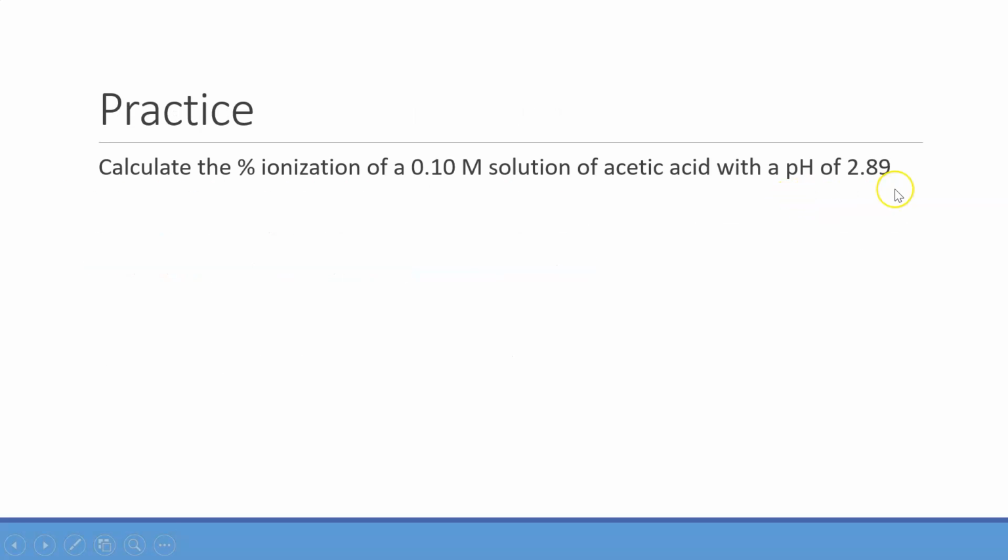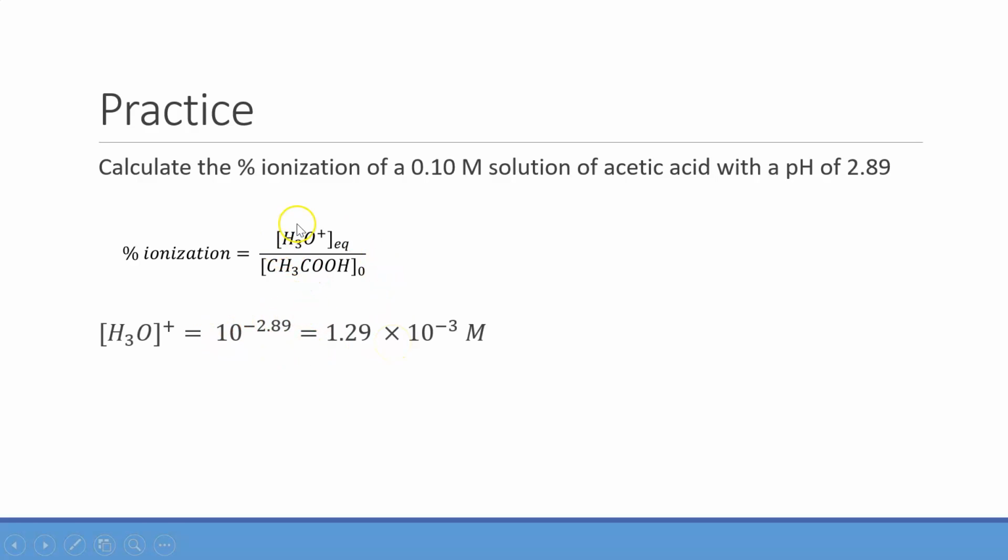So let's practice by calculating the percent ionization of a 0.1 molar solution of acetic acid with a pH of 2.89. We set up our percent ionization equation where we have our H3O plus and our CH3COOH. This is acetic acid and hydronium. And we get our hydronium ion concentration from the pH. Remember that the P function means to take the negative log of something, so we do the inverse. 10 to the negative 2.89 equals 1.29 times 10 to the minus third.